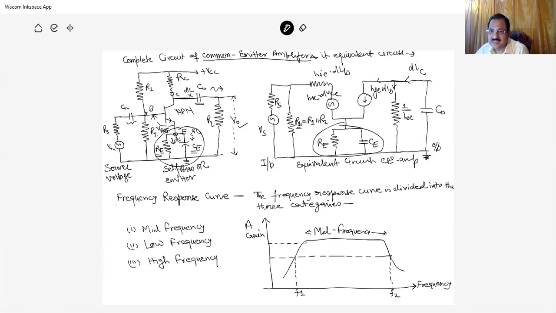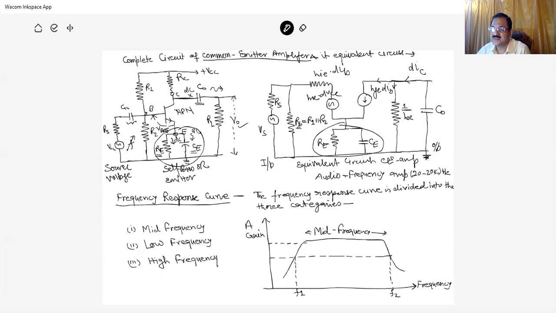Now the frequency response curve, when the frequency is varying from 20 hertz to 20 kilohertz, since we can call it an AF amplifier, audio frequency amplifier. It means it is 20 hertz to 20 kilohertz.